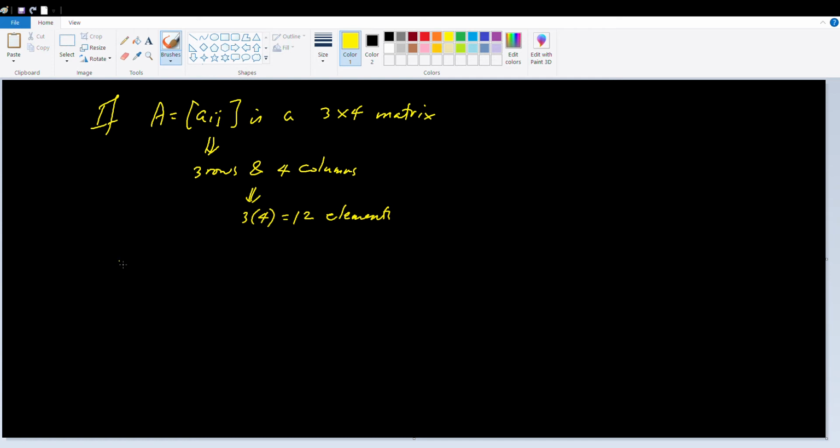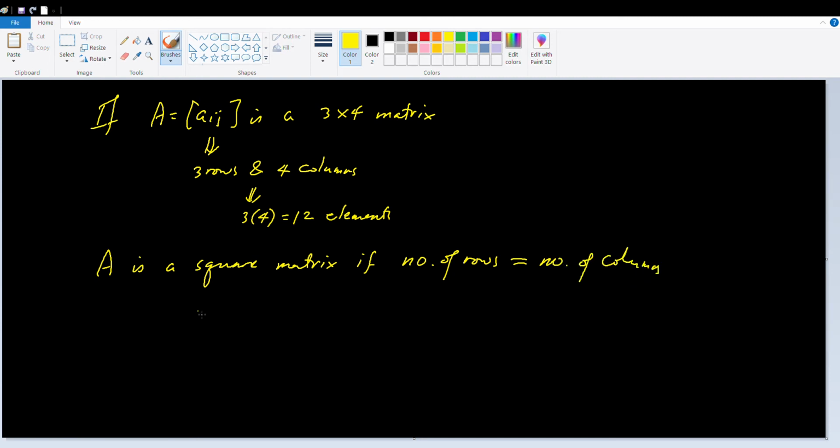A matrix A is a square matrix if the number of rows is equal to the number of columns.